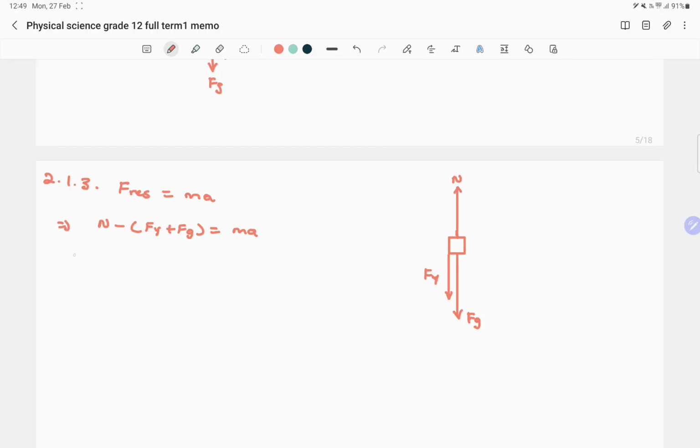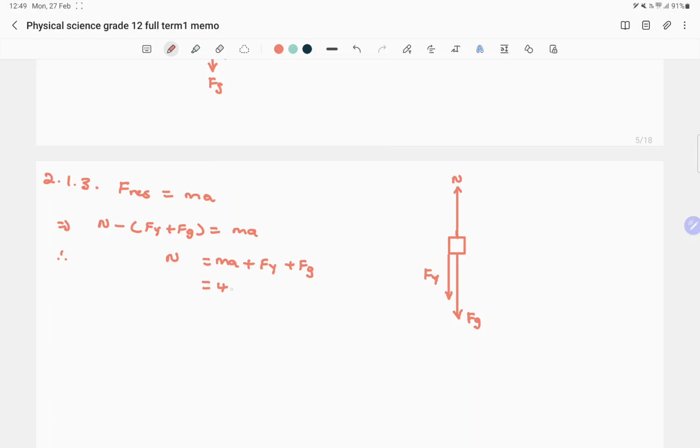Great. And then now we can say, therefore, our normal force is going to be ma. Now, once you transpose the pair, they all become positive. So it's going to be ma plus Fy plus Fg.